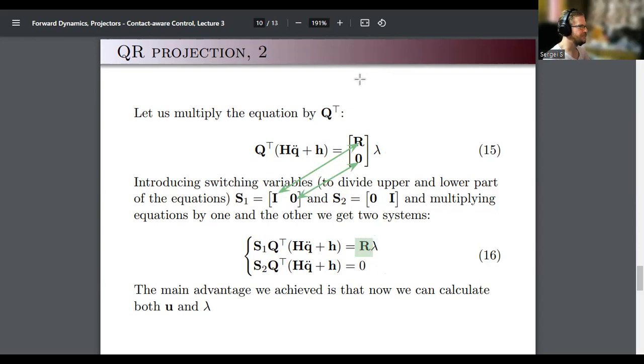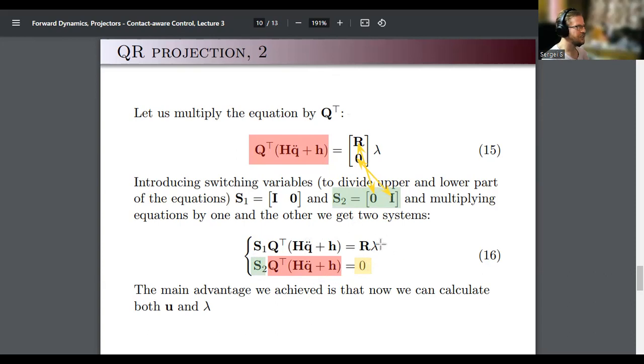Okay, nice. Now, when you do the same thing with the other matrix, this block is again preserved here, right? The switching matrix also appears on the left-hand side, but the right-hand side is now actually 0. Why? Well, because when you multiply r by 0, you get 0, and when you multiply 0 by I, you get again 0.